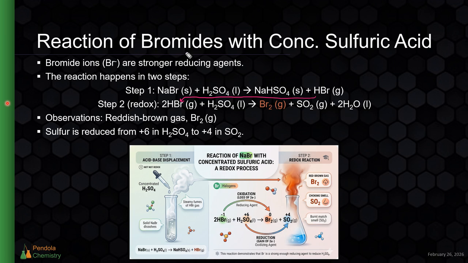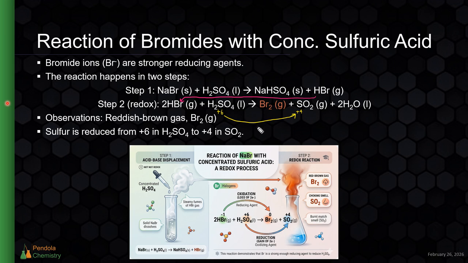Now this is a redox reaction because the sulfur, like we said in sulfuric acid, has a +6 oxidation number. In the sulfur dioxide, the oxidation number of sulfur goes to +4.